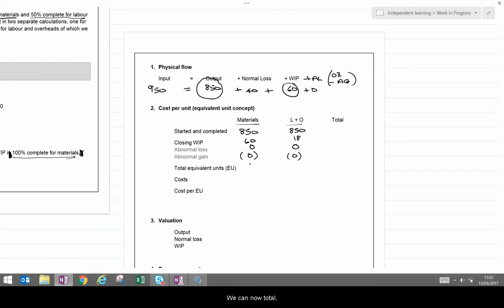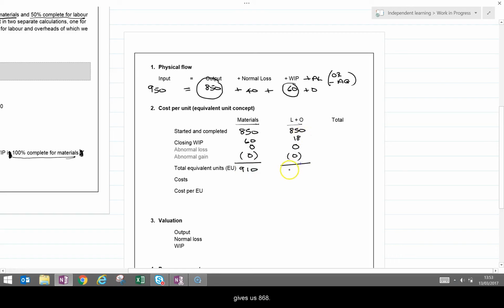We can now total. So 850 plus 60 gives us 910. 850 plus 18 gives us 868.